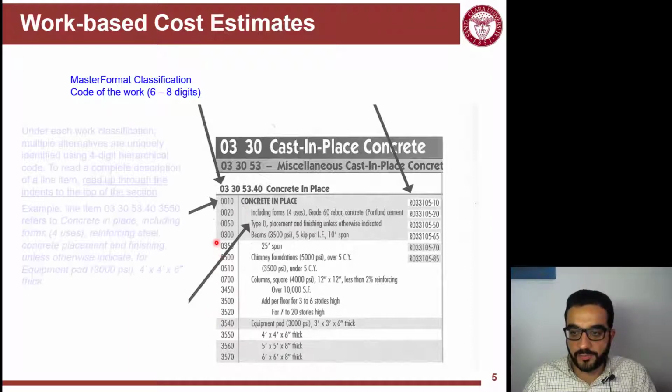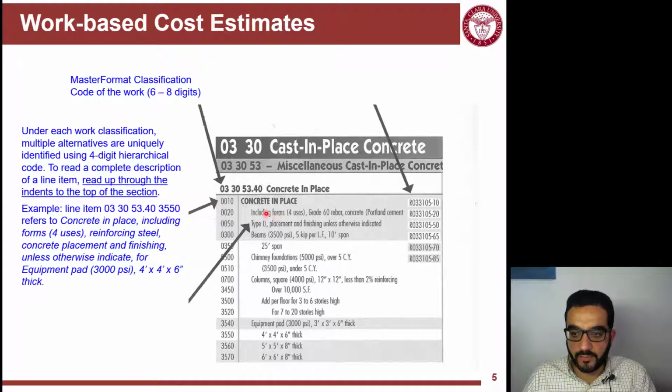And the detail here comes because every line of these is representing a different material being used, or a different way of putting it together, or a different crew. So many different options can be utilized for the same cost estimate line item.